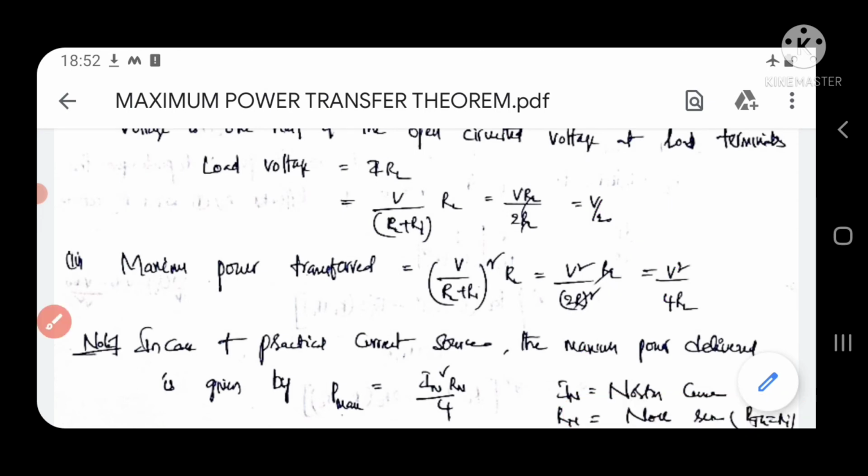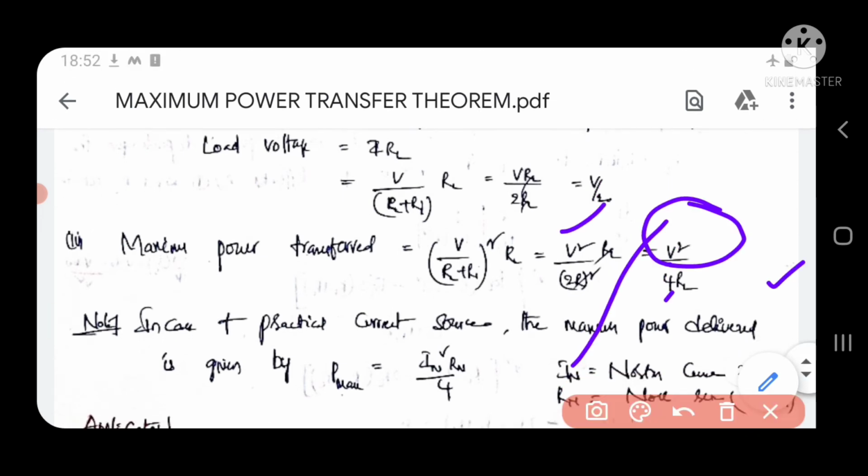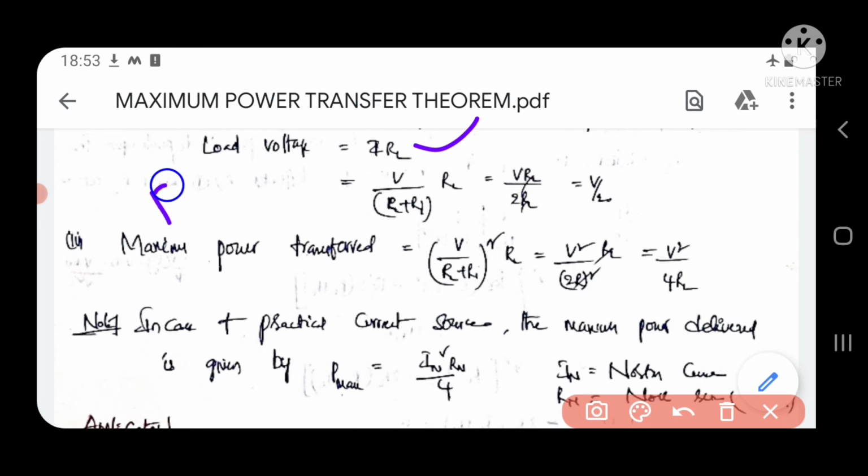So V is equal to I into RL, where I is equal to V by (RL plus Ri). By substituting, whenever we make RL equal to Ri, obviously RL gets cancelled, then we will get V by 2 only, that means the load voltage is also equal to half of the total voltage only.